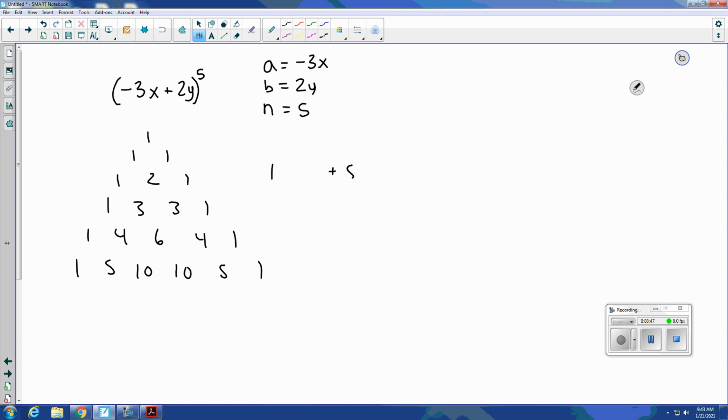I'm going to do plus 5, plus 10, plus 10, plus 5, and then plus 1. And attached to that, we're going to put our a's and b's. So a is negative 3x, b is 2y, and I'll repeat.